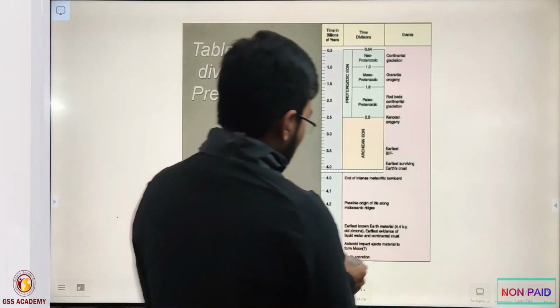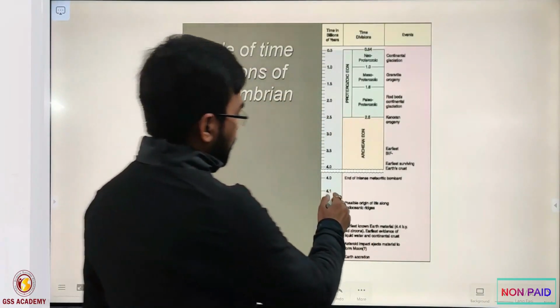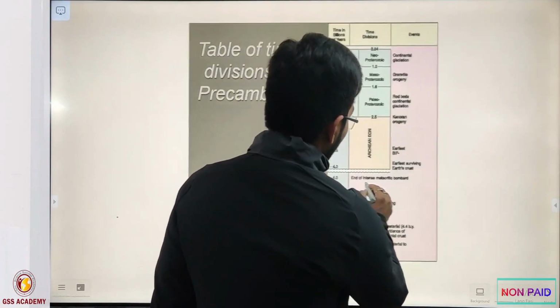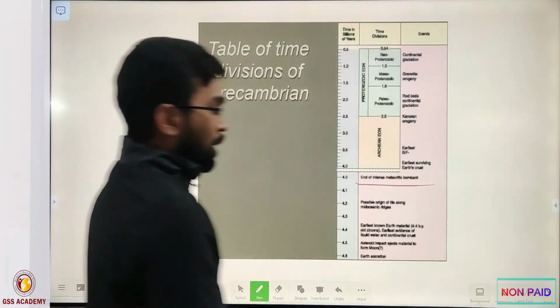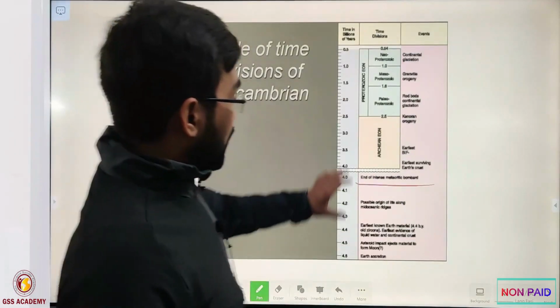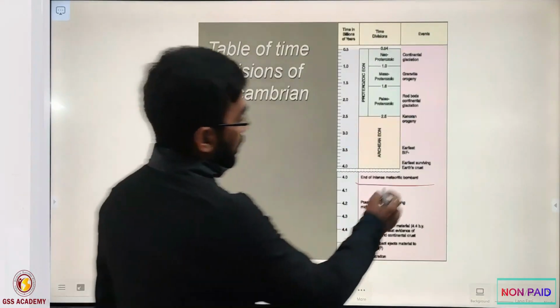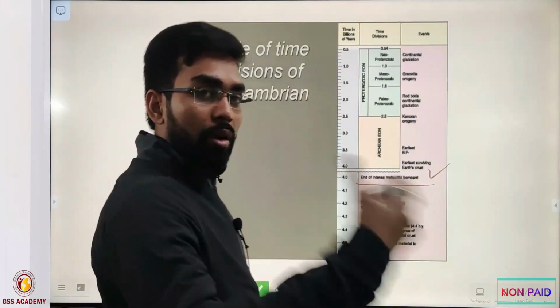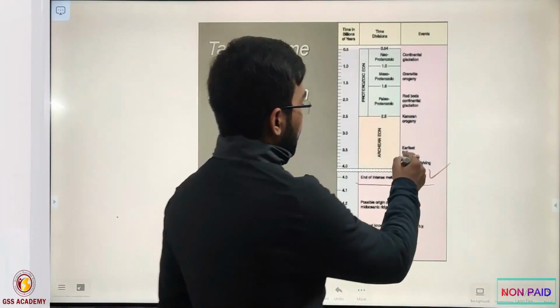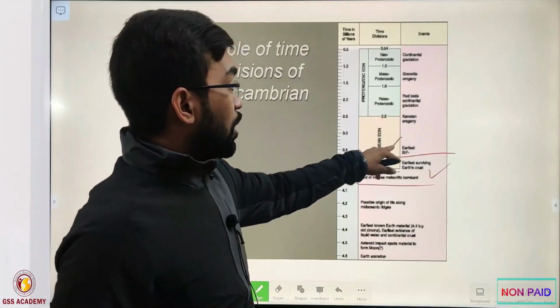After 4.5, 4.3, no major changes took place, and after that 4.0, the end of intense meteoric bombardment. When we enter the Archean eon, you can see the earliest living earth's crust, the accretion was already started at that time, and the earliest BIF is at that time, Archean.